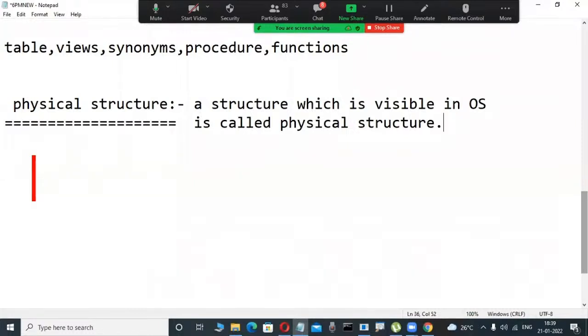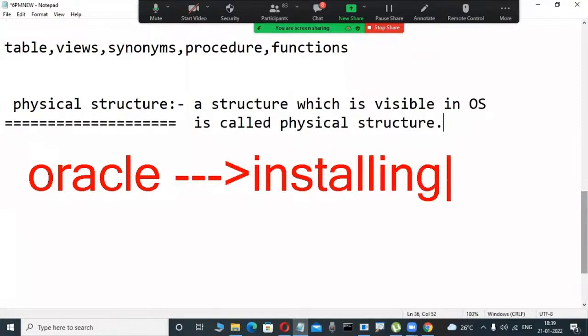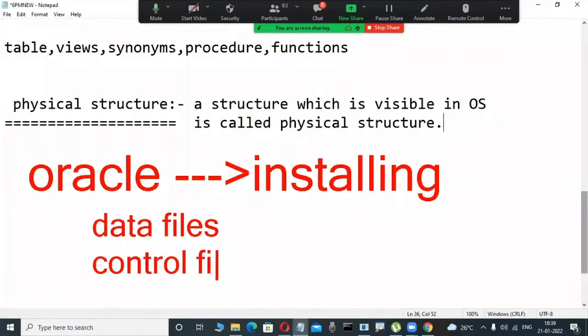Same with Oracle, a relational database software, or MySQL and SQL Server. Whenever I install Oracle, physical files are automatically created: data files, .dbf files, control files, and redo log files.